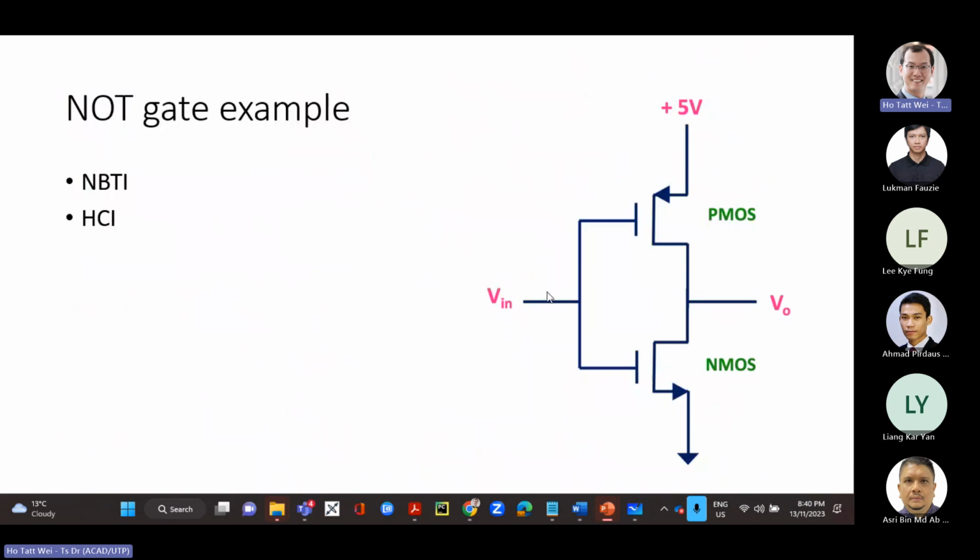So if I'm holding it at a static value 0, it's not going to age. These two transistors are not going to age by HCI. Logic 0 going to the NMOS, there's no channel being created here, so there's no slamming of the free electrons into this gate. So this NMOS is not going to be aged by bias temperature instability.